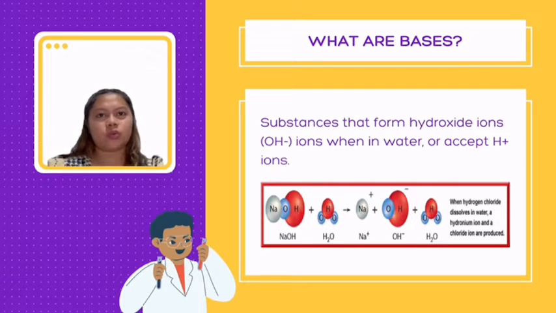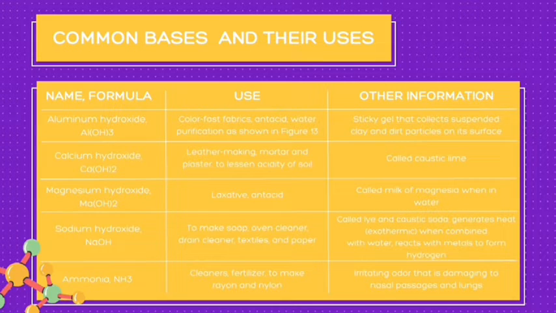In the picture, we see when hydrogen chloride dissolves in water, a hydronium ion and chloride ion are produced. Here are the common bases and their uses. Aluminum hydroxide, used in color fast fabrics, antacid, water purification as shown in figure 13. It is a sticky gel that collects suspended clay and dirt particles on its surface.